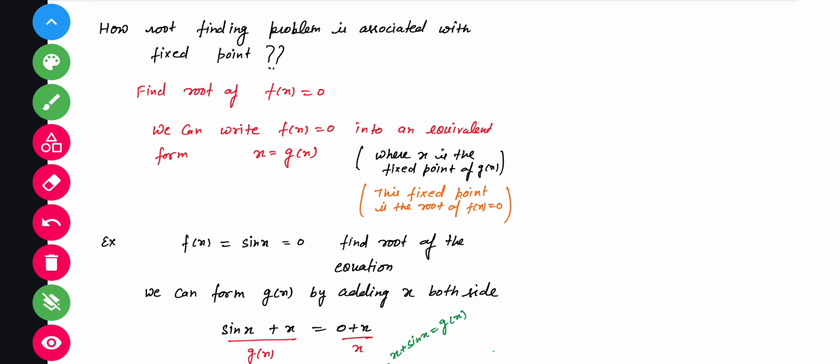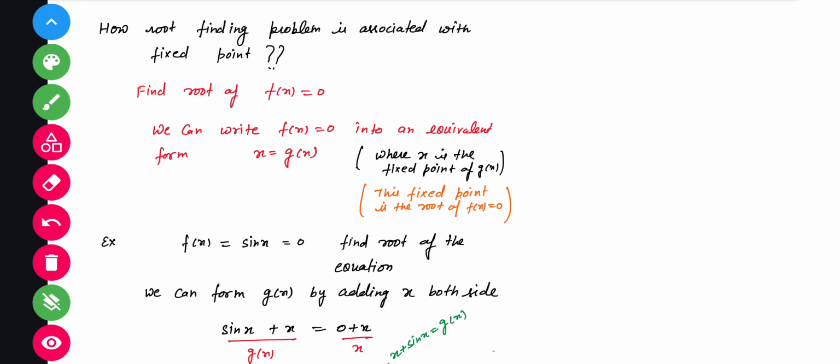So find the root of f(x) equal to 0. We have one question that is asking for the root of the f(x) equal to 0 function. Then we can write f(x) equal to 0 in an equivalent form, that is x equal to g of x.